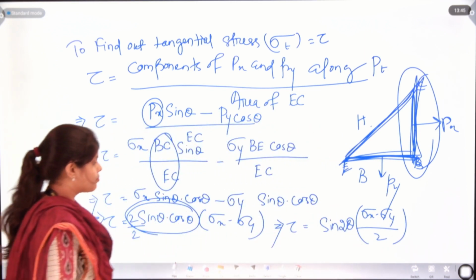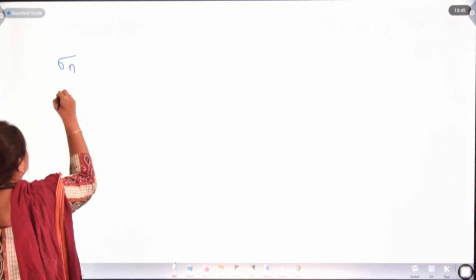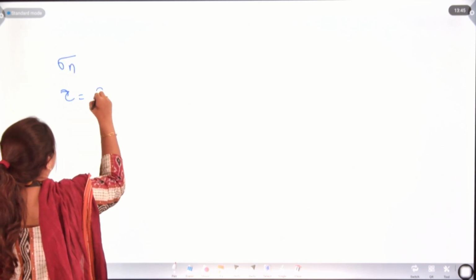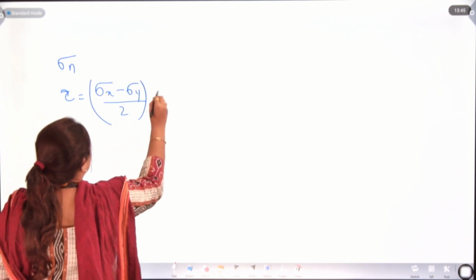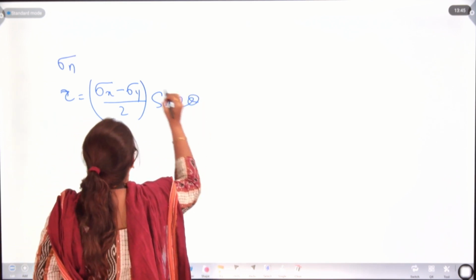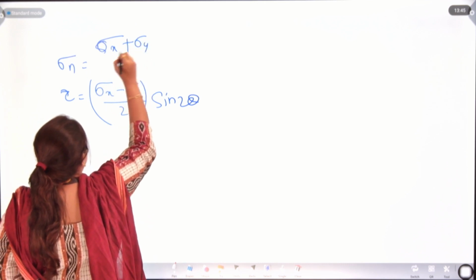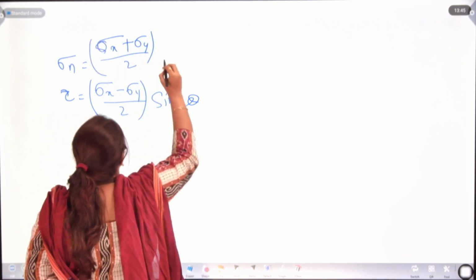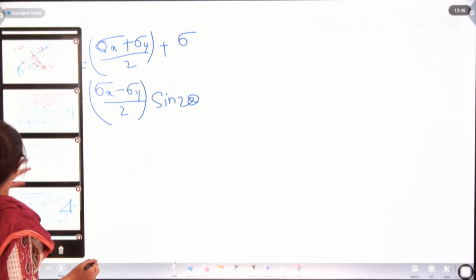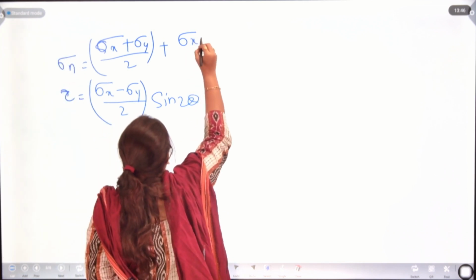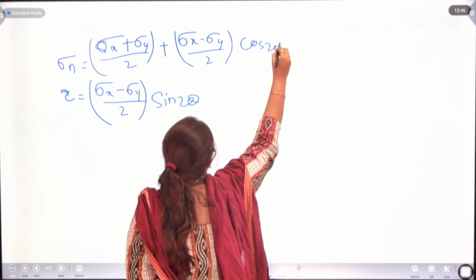No issue here. So we have sigma n and tau value. Tau is sigma x minus sigma y by 2 into sin 2 theta, and sigma n is sigma x plus sigma y by 2 plus, here we already have the values, sigma x minus sigma y by 2 into cos 2 theta.